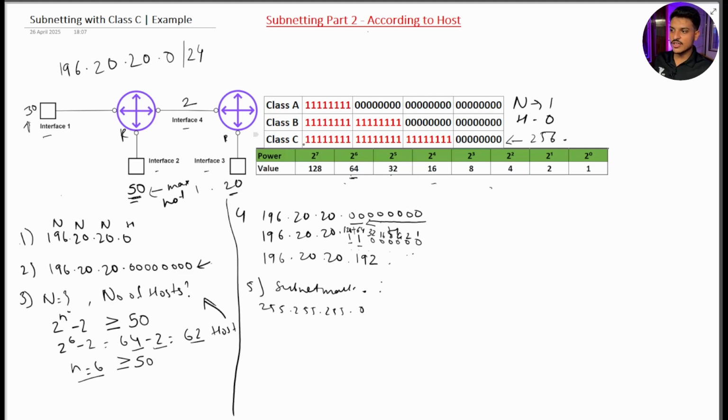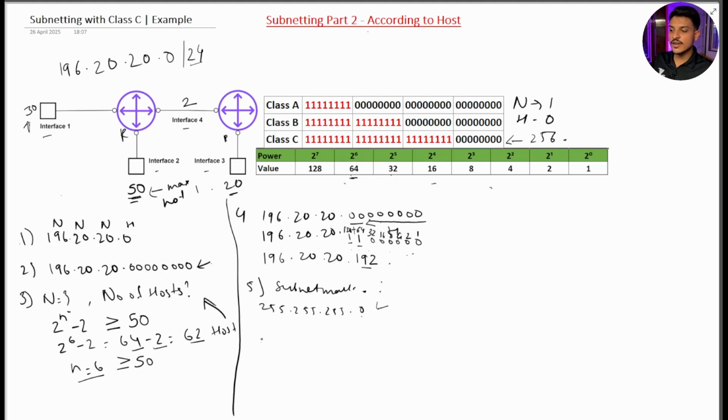Here you can see in class C all the first 3 octets are ones, and all ones in decimal are represented by 255 and all zeros are represented by 0. So this is the default subnet mask for class C. If the CIDR is /24, then its default value will be 255.255.255.0, but here some bits from host are now given to network also.